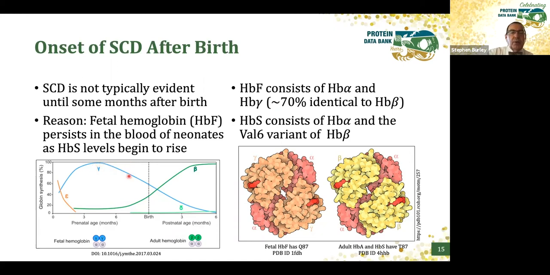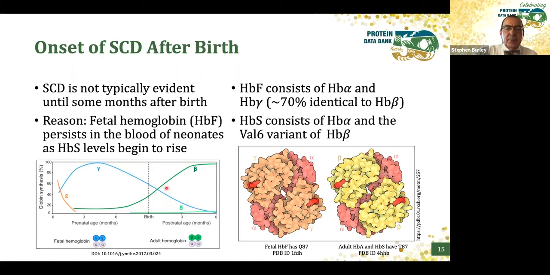So you see after birth that the levels of hemoglobin gamma begin to decline, and the levels of hemoglobin beta begin to rise. And if this is the abnormal sickle cell version of hemoglobin beta with that valine at position 6, some months after birth, the sickling will become evident.